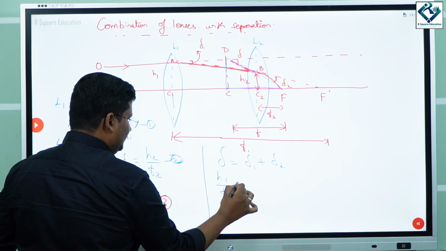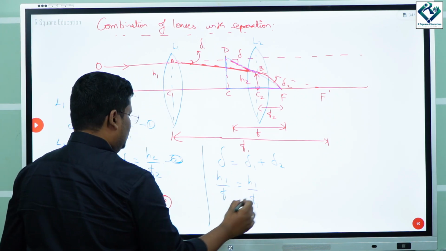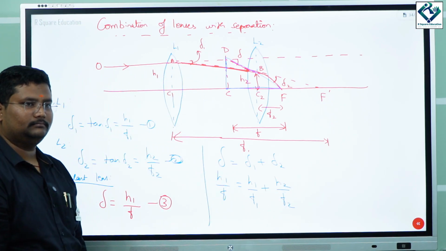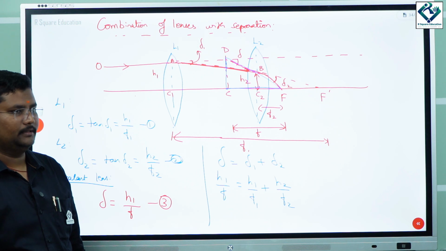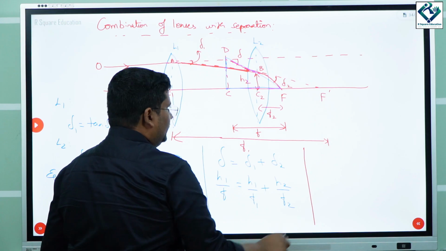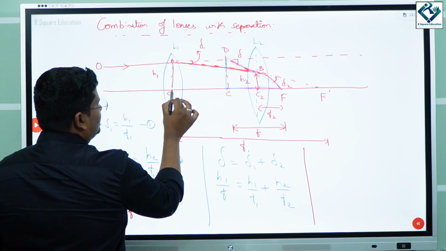H1 by F, which is equal to H1 by F1 plus H2 by F2. Clear? Right? Okay.